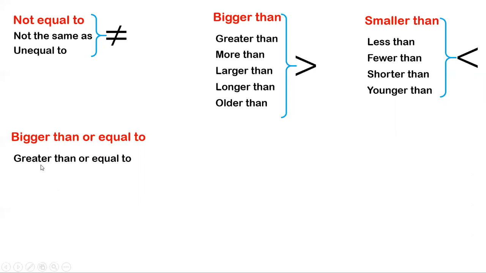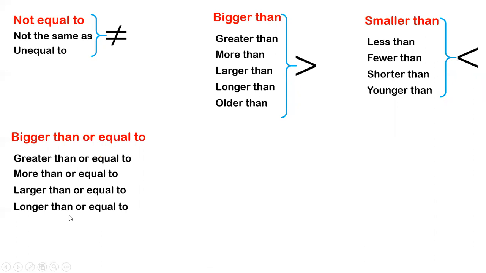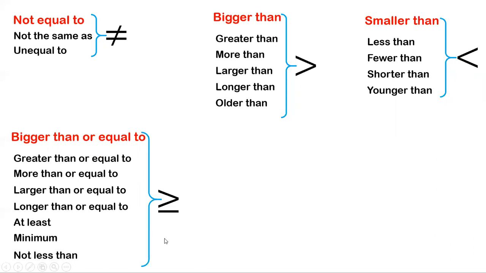You can say greater than or equal to, more than or equal to, larger than or equal to, longer than or equal to, at least, minimum, not less than. And this is the symbol to use, okay?